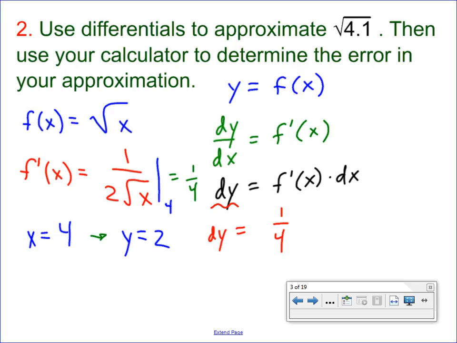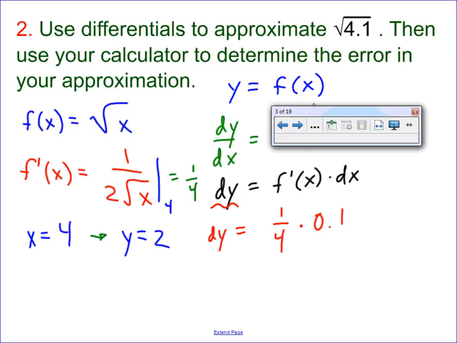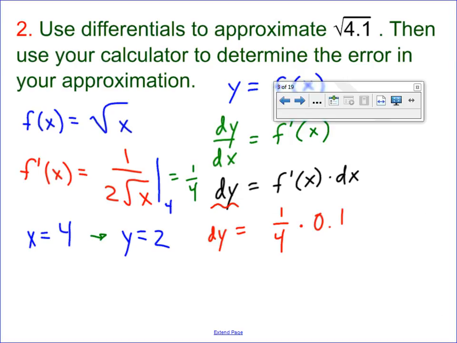So you're getting 1/4 for your f prime of x evaluated at 4, times, Marissa says, we're going to step over 0.1 units. Yes? So it looks like 1/4 times 0.1. It might be easier just to go with decimals, so this is 0.25.